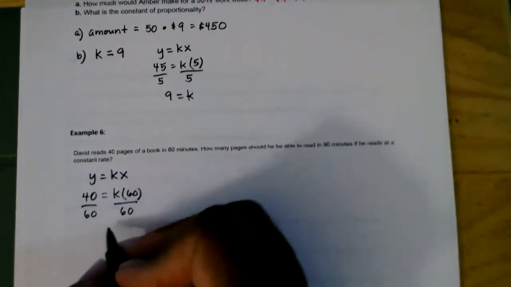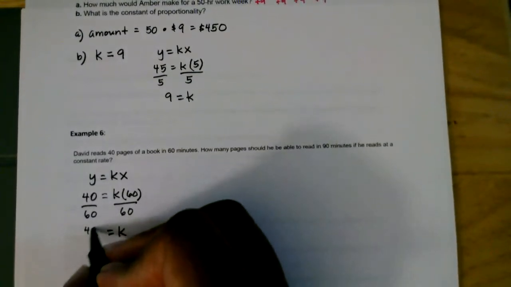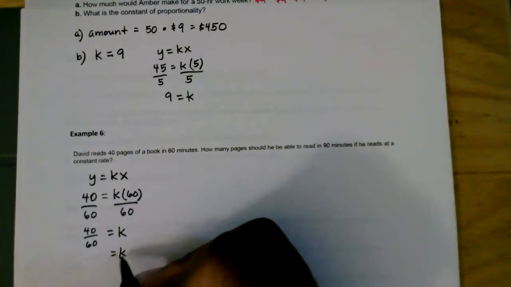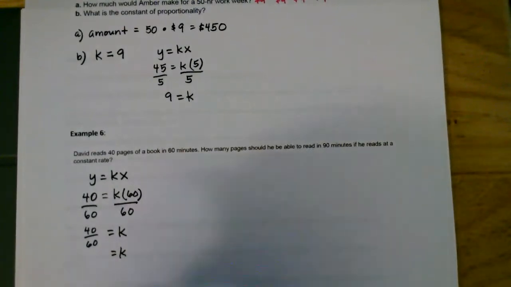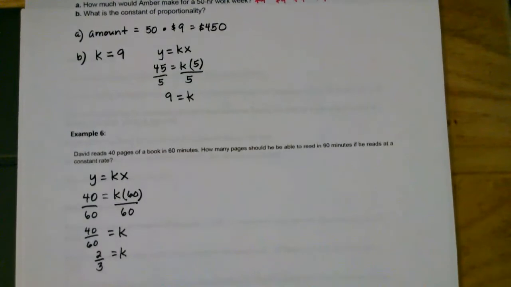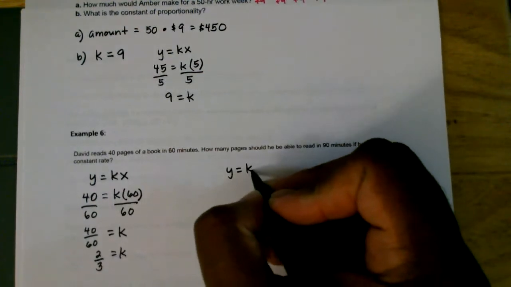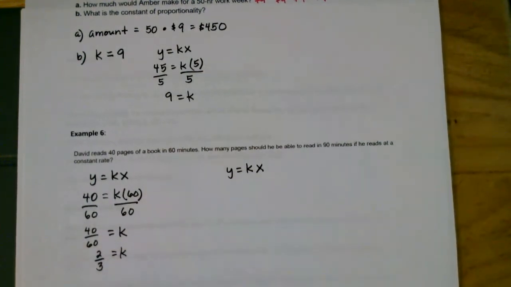So if I divide both sides by 60, that would mean K is equal to, this will be a fraction, 40 over 60. But if I reduce that by dividing the numerator and the denominator by 20, this will be 2/3. So our constant of proportionality will be 2/3. Okay.